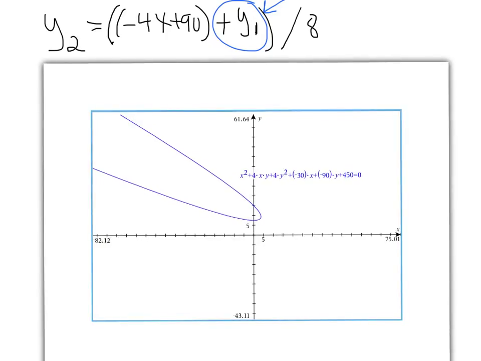And notice it is a parabola, even though it's got an x squared and a y squared. But it did turn out to be a parabola, and it is tilted. And that's how you can graph a conic section that's got a little tilt to it on your graphing calculators.